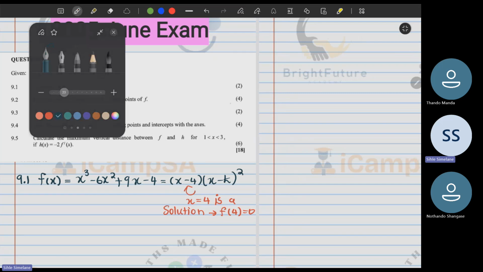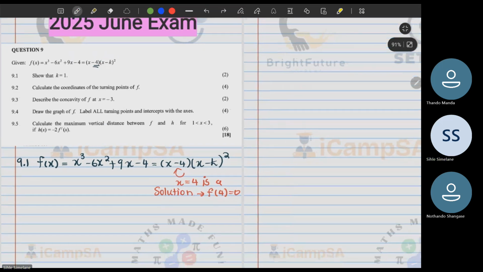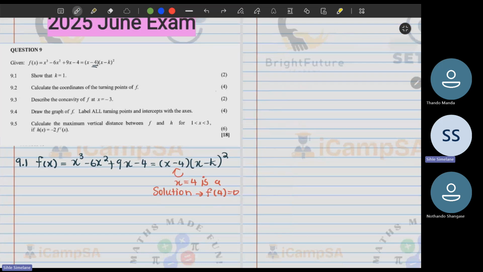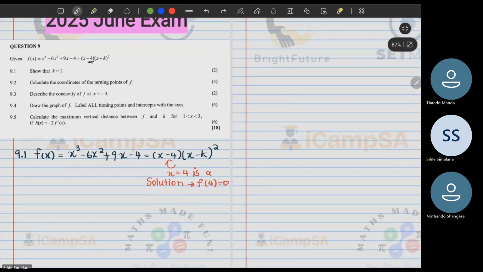So now we need to find the other number that is there. There are a couple of ways we can go around this one. The easiest one is we can take k and put it in there and see if it works.